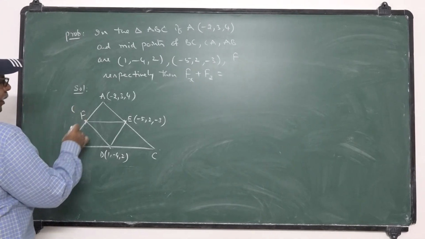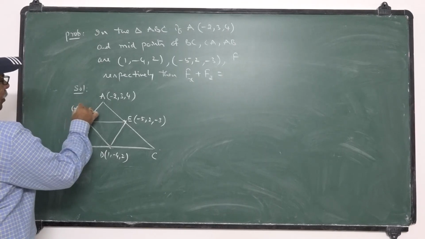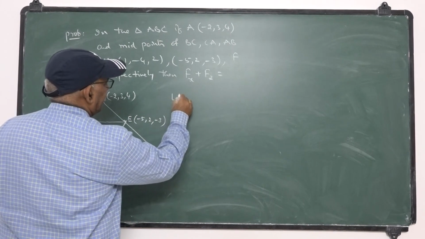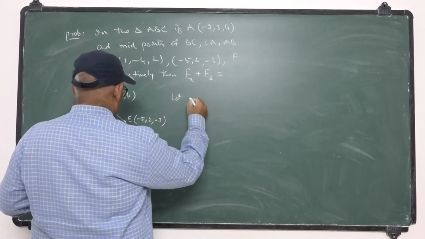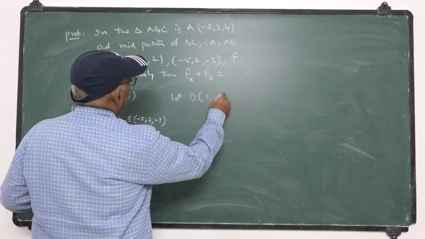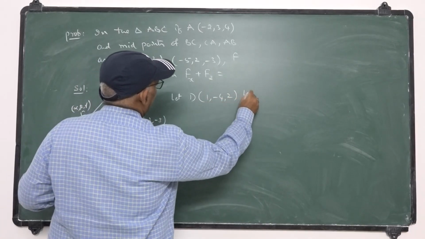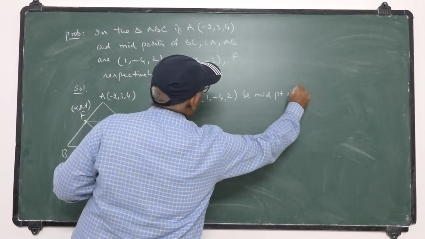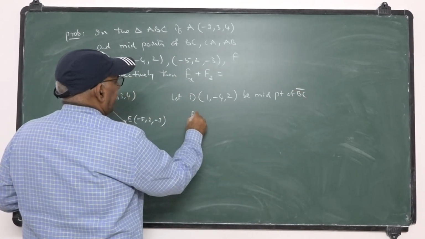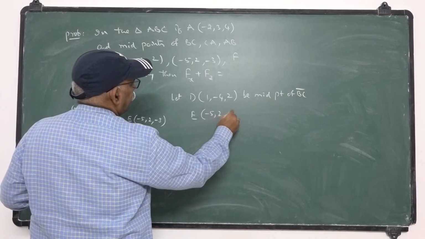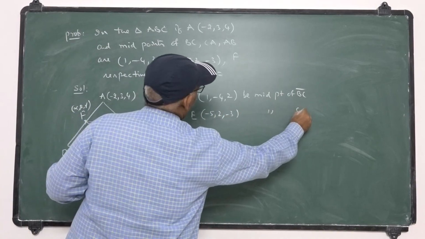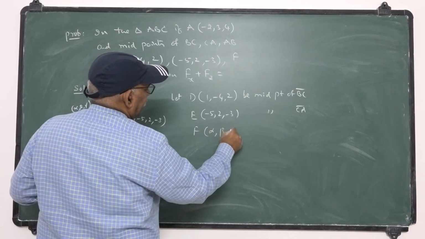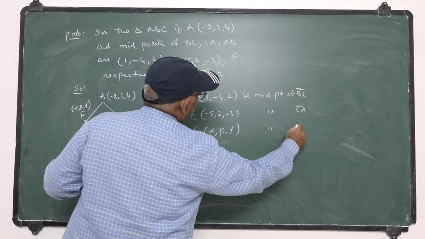Let us consider F is alpha, beta, gamma. Let D be 1, minus 4, the midpoint of BC. E is minus 5, 2, minus 3, the midpoint of CA. F is alpha, beta, gamma, the midpoint of AB.